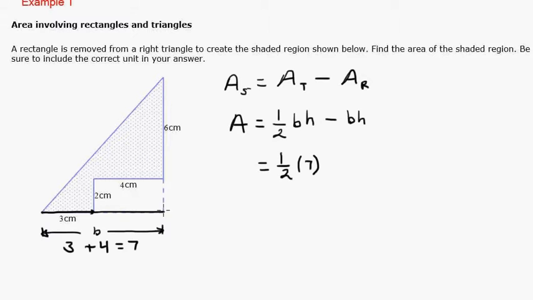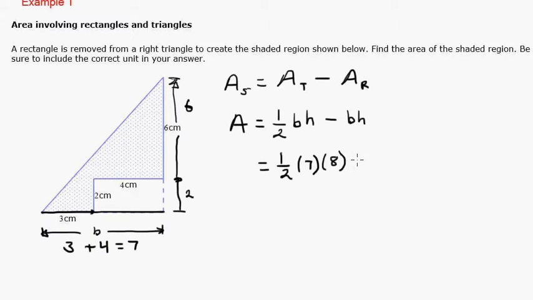And then the height, it didn't give it to us. It would be this amount. So it would be 2 plus 6 more. Okay? So that would be 8, right? You see how I got 8? 2 plus 6.